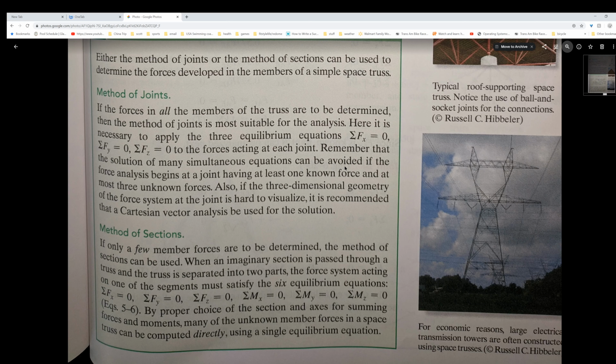You can imagine, of course, that the problems can become significantly more complicated pretty quickly with this additional dimension. Before, we had two equations for method of joints. Now we have potentially three. And for method of sections, we had three equations. Now with three dimensions, we have six. Okay, so that's about it for that.